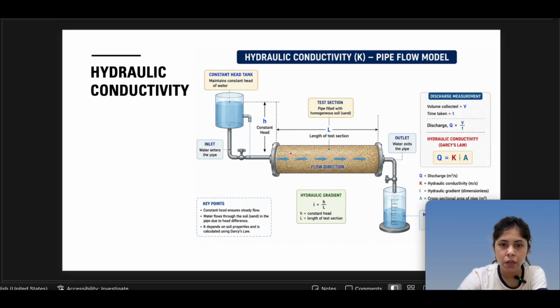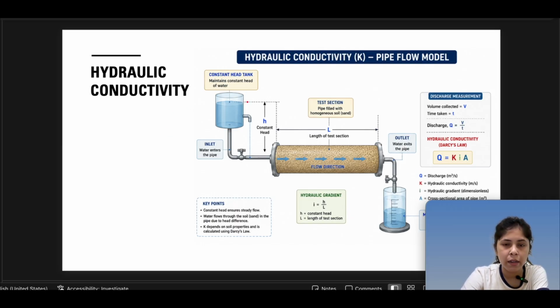This one is the inlet and this is the outlet.